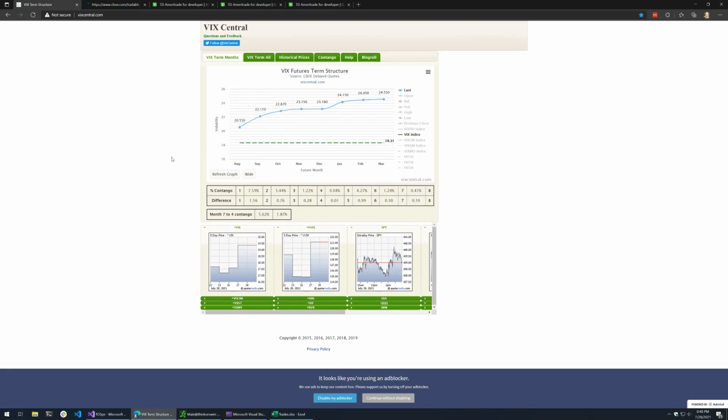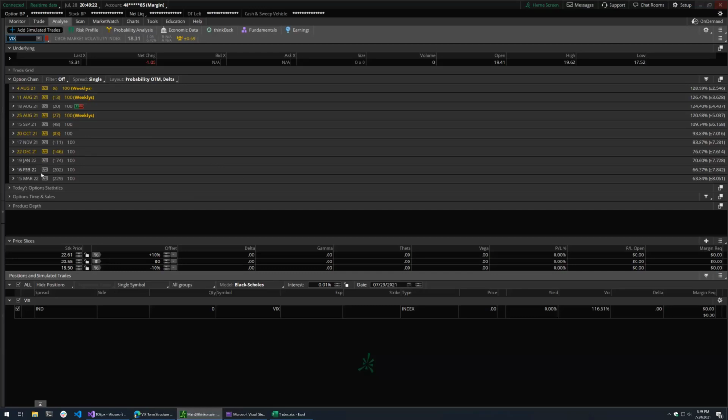Now that's if the market is sideways or up. Of course, if the market drops, then we could end up in a backwardation situation where the spot is above, and then this futures contract is converging up into a higher number.